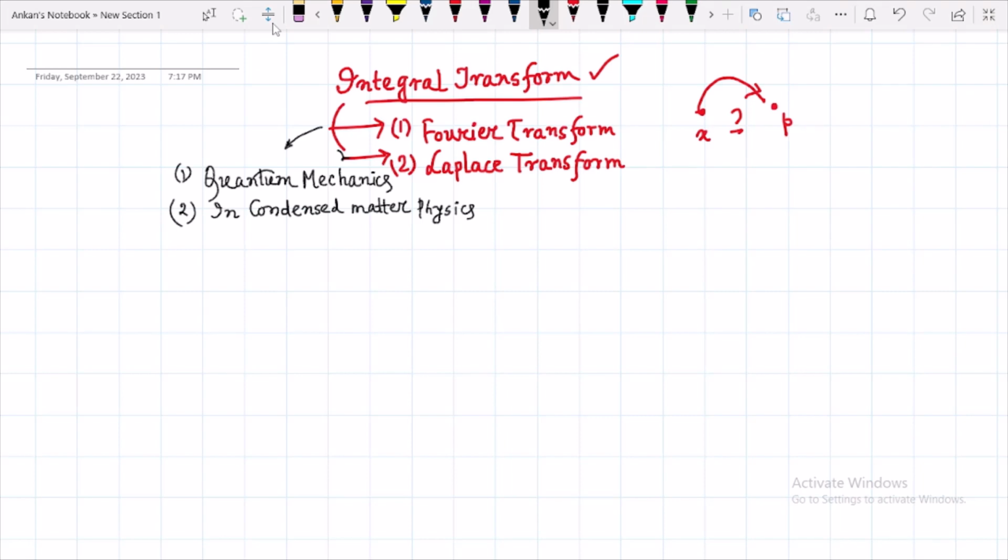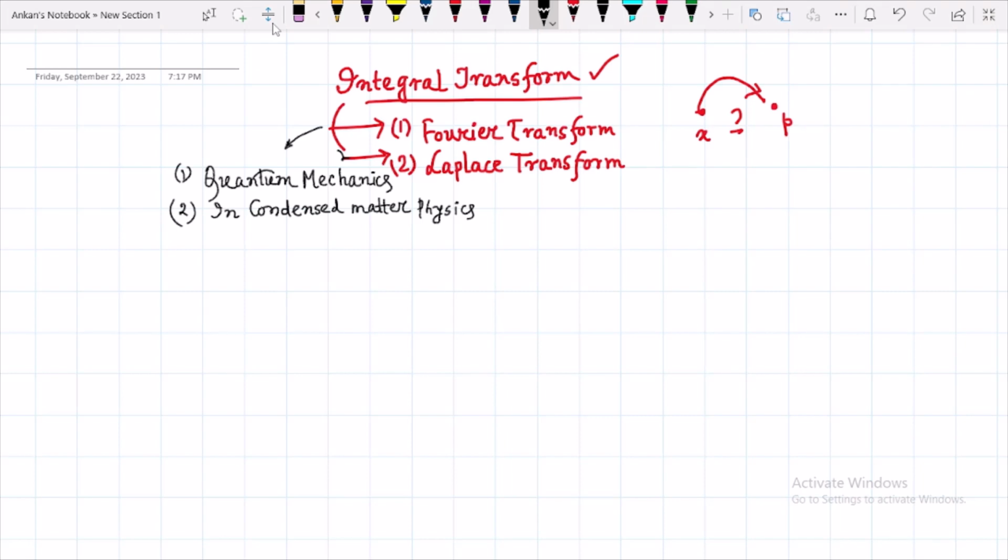Now suppose you are given a wave vector in the x coordinate system, that is a position coordinate system, and you have to transform it into the momentum coordinate system. Then how can you transform it? With the help of solid state techniques, you can transform it. And the crucial concept here is the reciprocal lattice, which was postulated by Ewald.